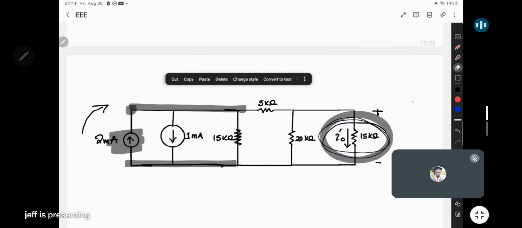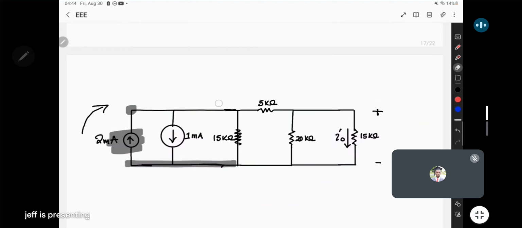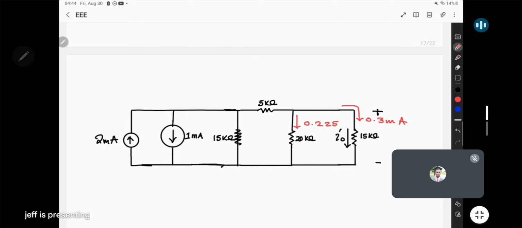Okay, so we're now coming to this one. What have we done so far? Let's see. First, we have seen that this side, we have I0, 0.3 milliamps. Coming down here, you have 0.225 milliamps. And then coming through the 5, we have 0.525 milliamps.